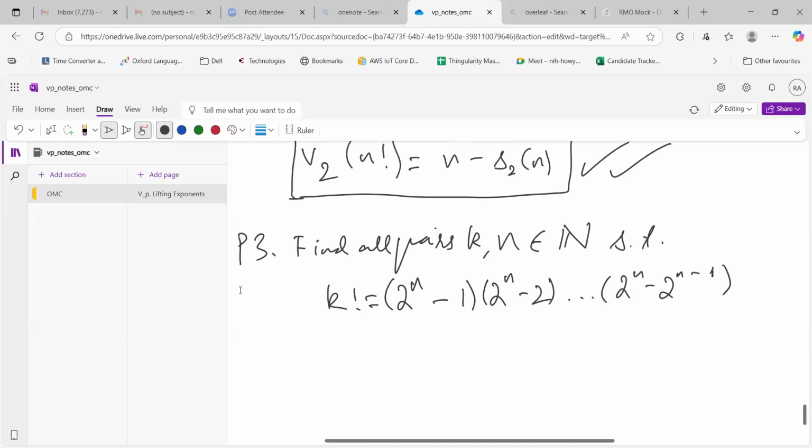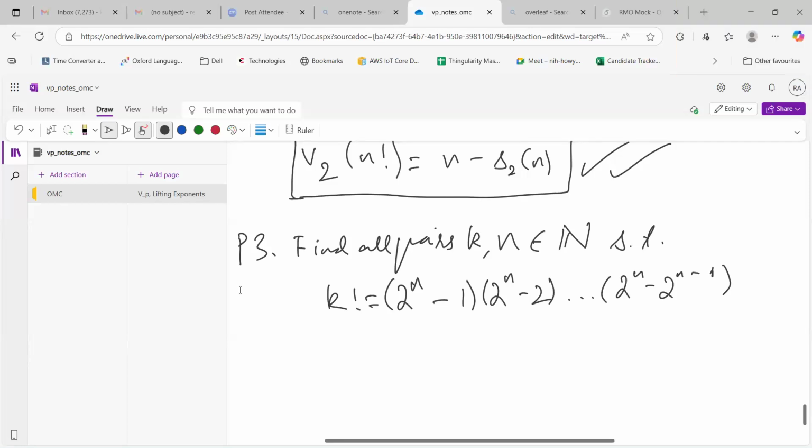First of all, think about why you would even want to use V2 in this, or VP in general. Anyone, any idea?